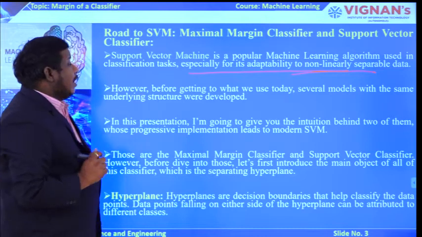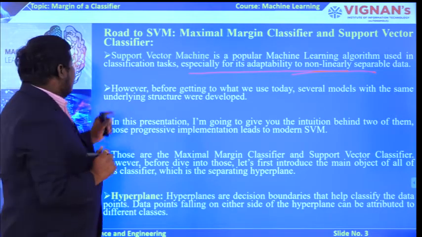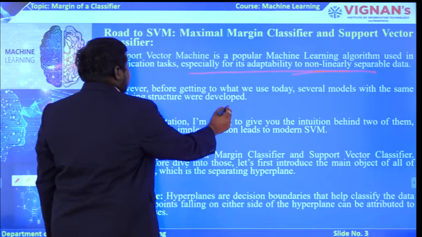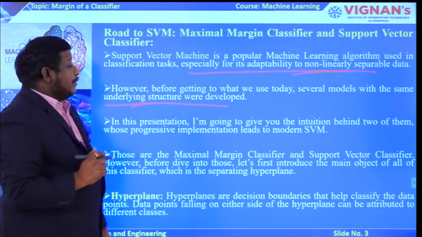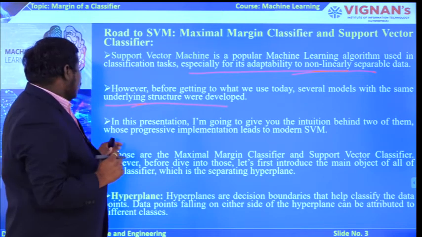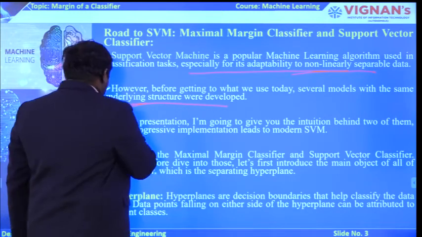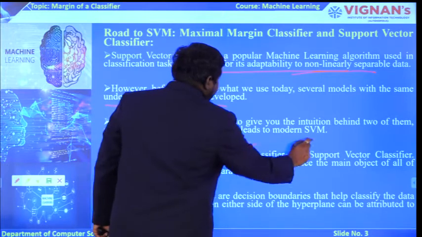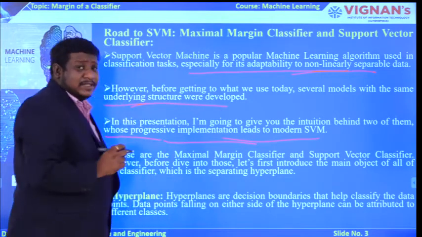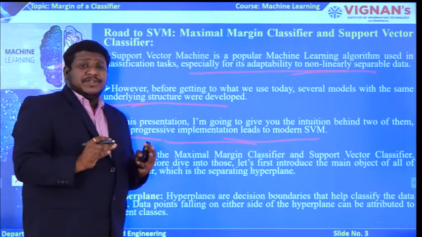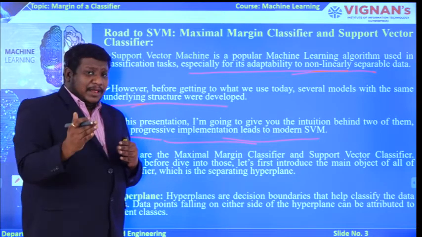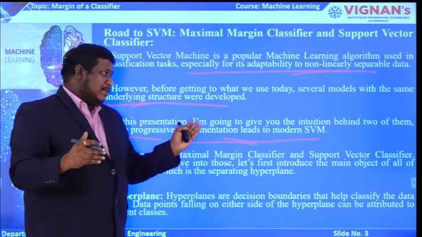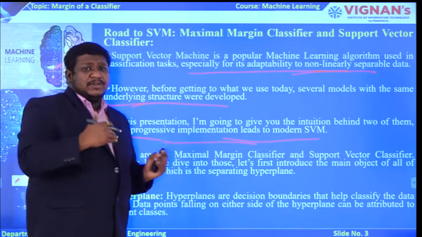However, before getting to what we use today, several models with the same underlying structure were developed. In this presentation, I am going to give you the intuition behind two of them, whose progressive implementation leads to the modern SVM. Both the margin of a classifier and the support vector classifier play a key role in the SVM implementation, and the algorithm developed by using these two models was the modern SVM.